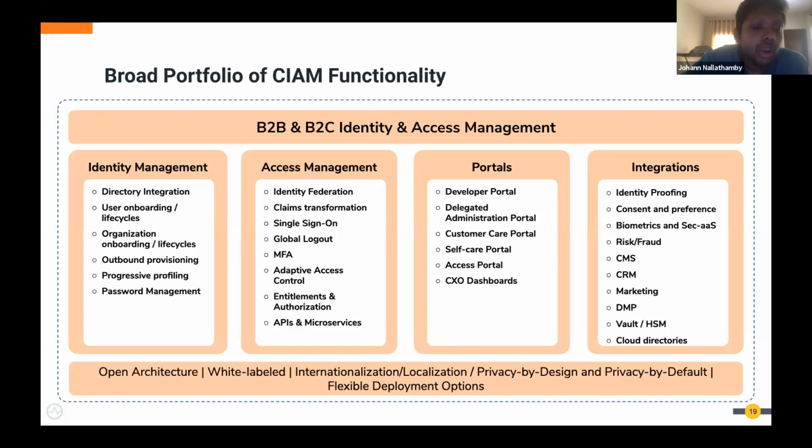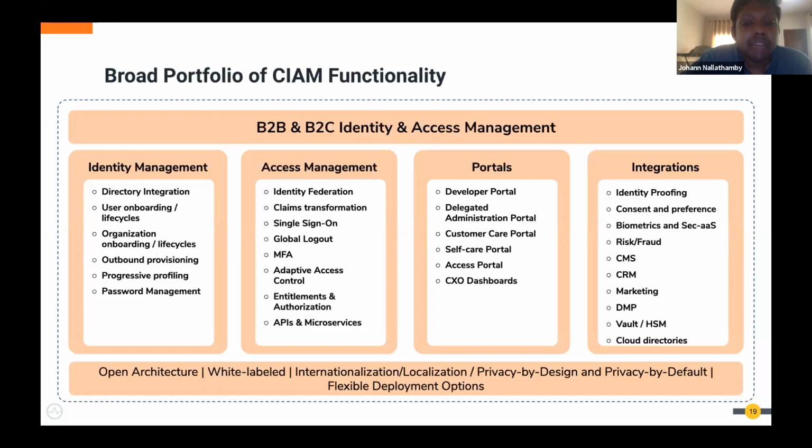Access management is all about how you're going to configure and govern your policies in order to let your users, your customers, access applications in your environment and also outside your environment. So this is all about identity federation, claims transformation, single sign-on, global logout, multi-factor authentication, and many other capabilities that I've spoken about.